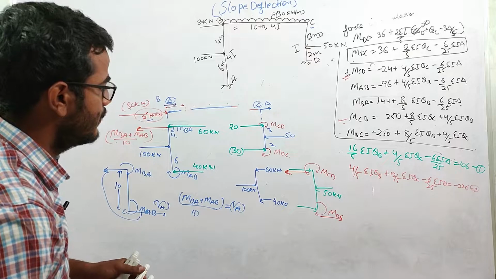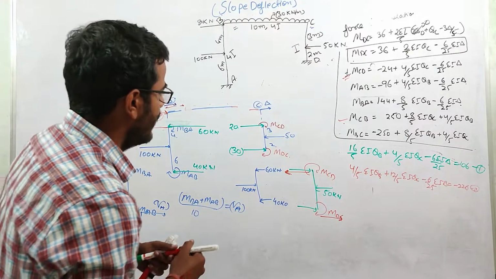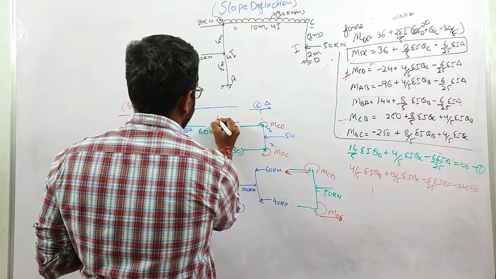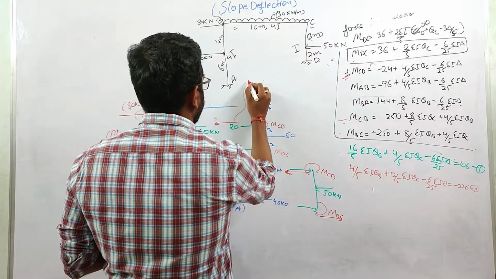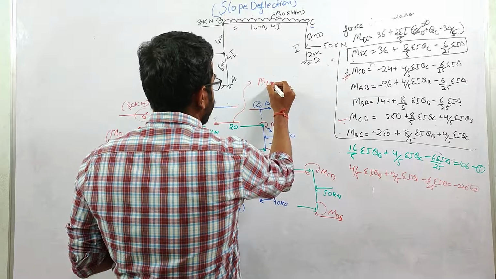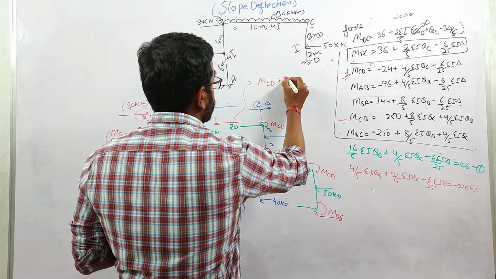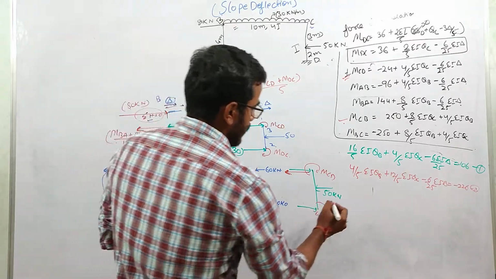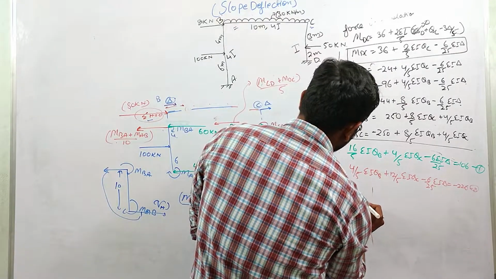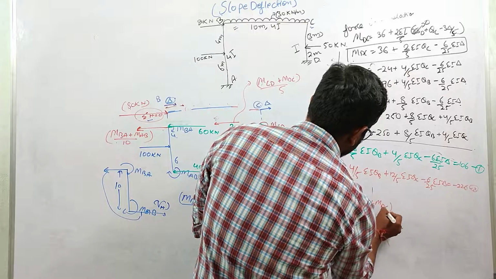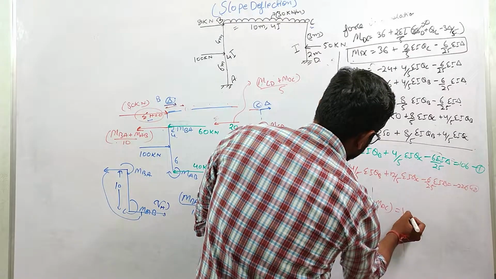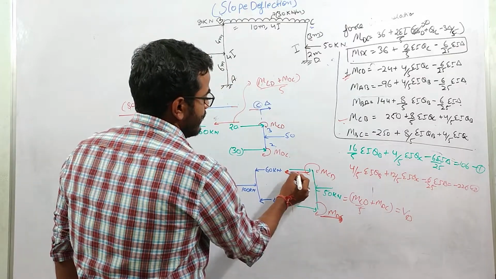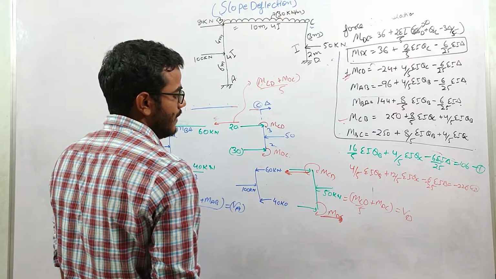Okay guys, so again the value of this force will be, I will write here, MCD divided by 5. Okay, why? Because this value, MCD plus MDC divided by 5, equals this reaction at D. This horizontal reaction at D will be equal to this, right?